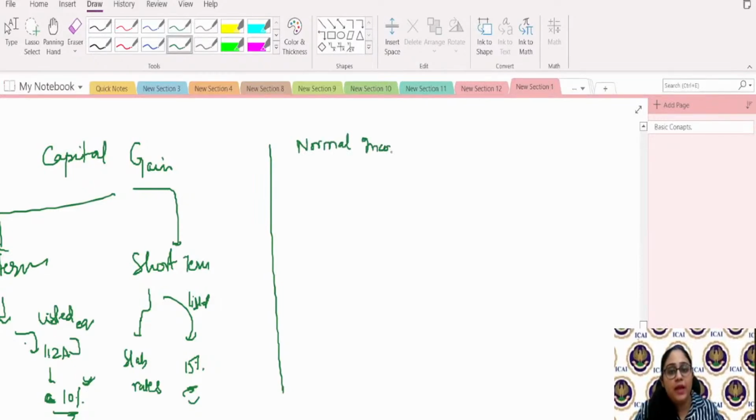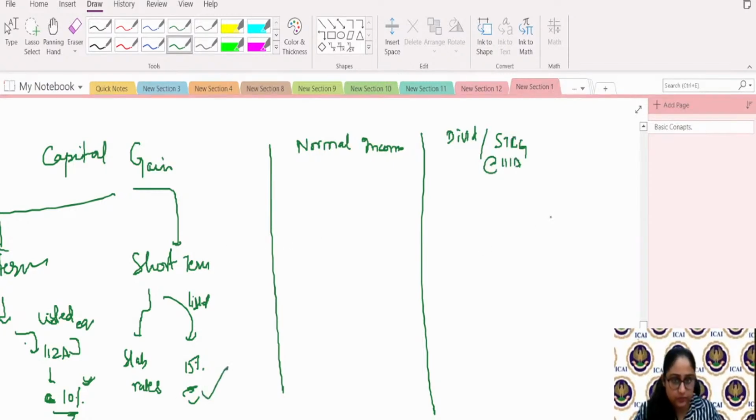My normal income and my special income, like dividend, STCG under section 111A, which is the 15% one, LTCG 20% one, and an LTCG 10% one under section 112A.